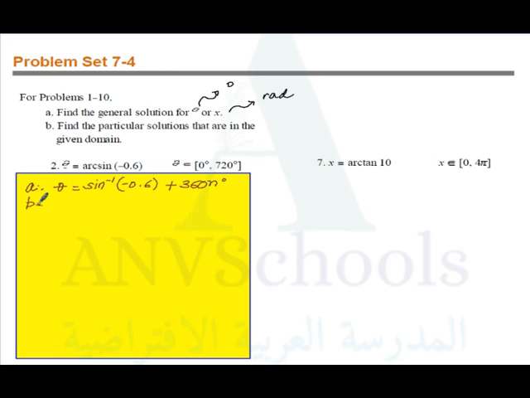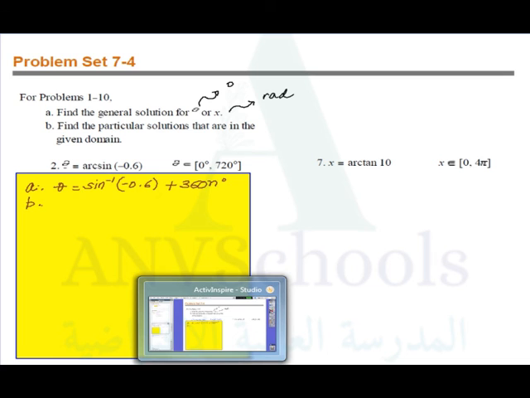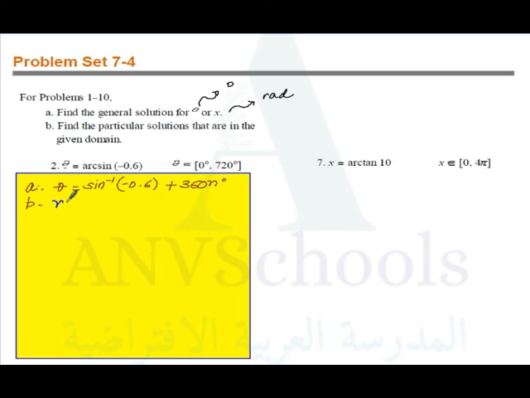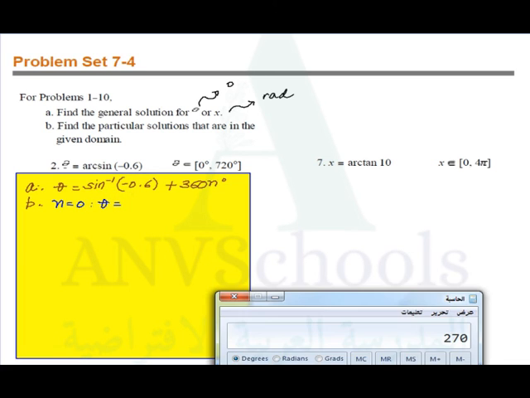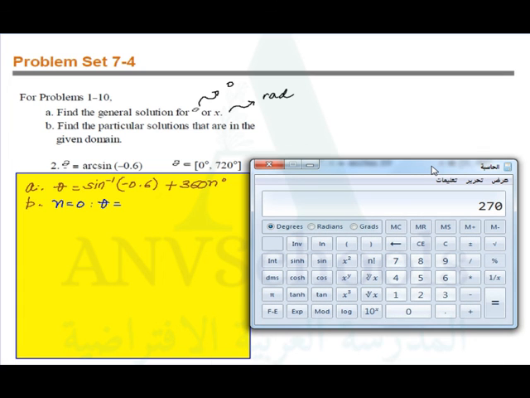So let's say when our n is equal to 0, then theta would be equal to, let's use degrees here, the inverse sine of negative 0.6, plus 0.